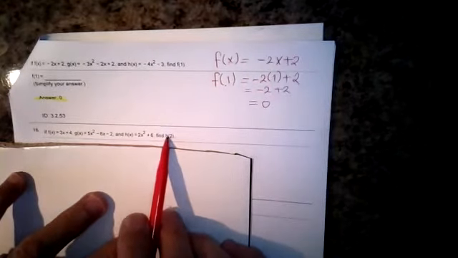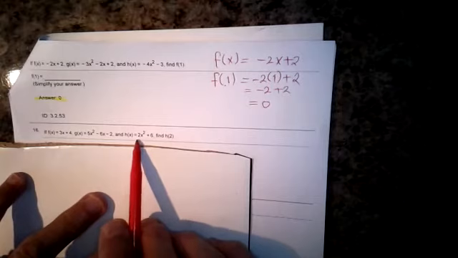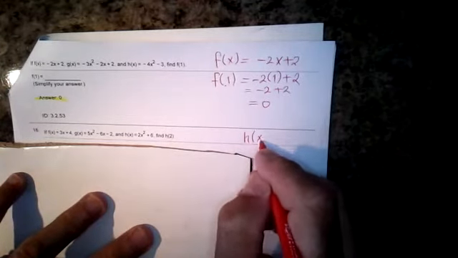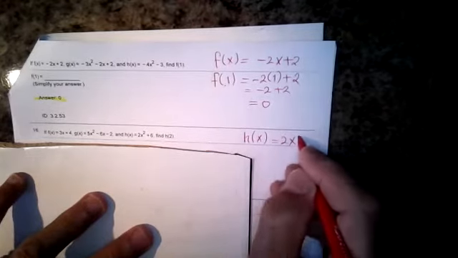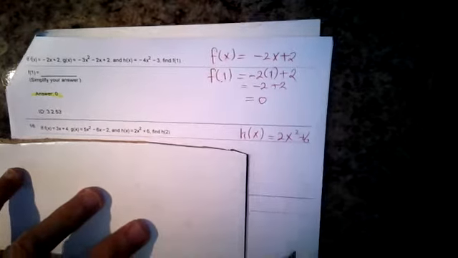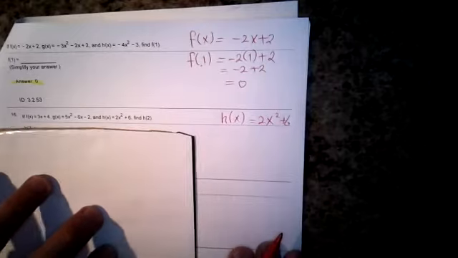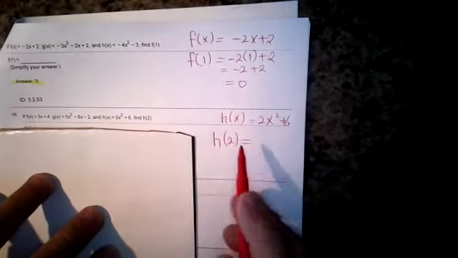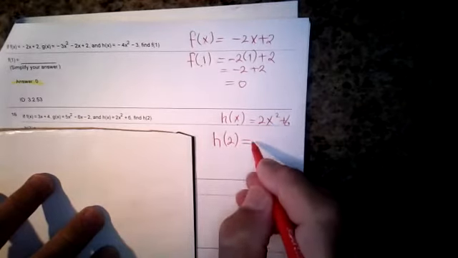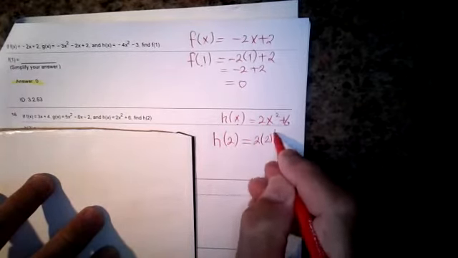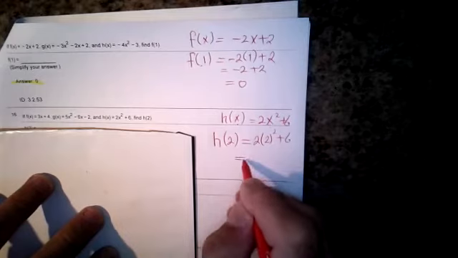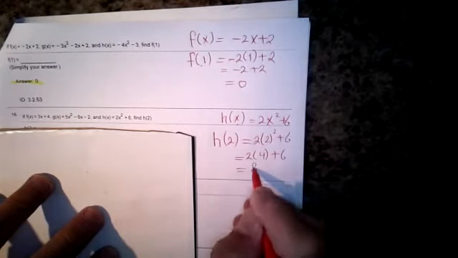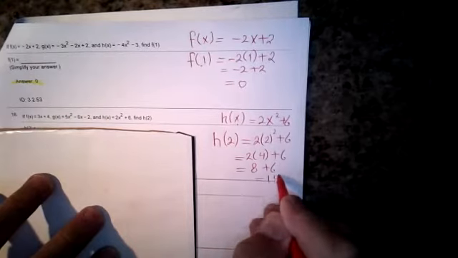H of 2 means go and find the h function which is sitting next to it. And you want h of 2, okay, h of 2, put the 2 here. It's 14.